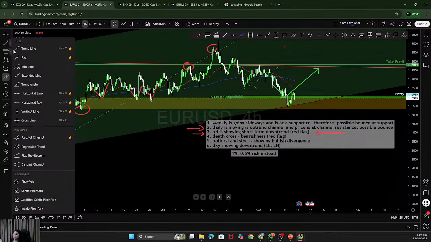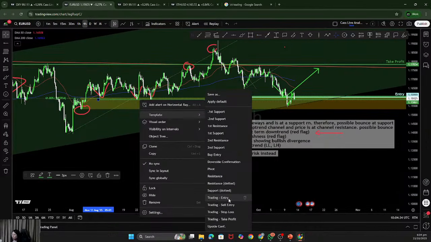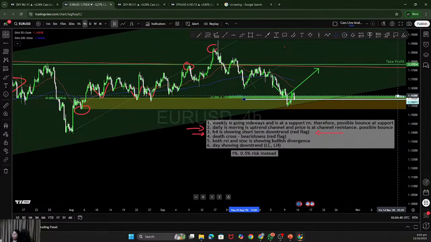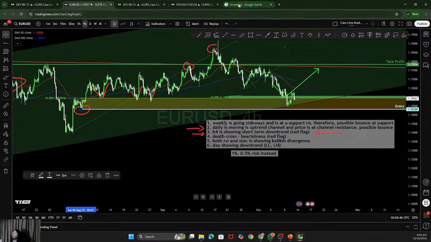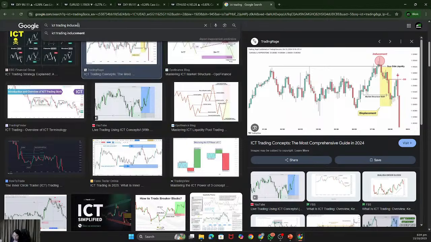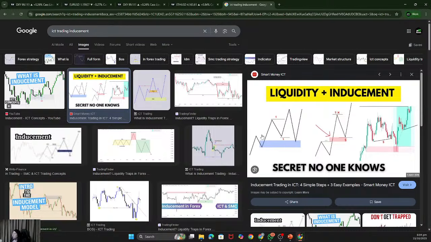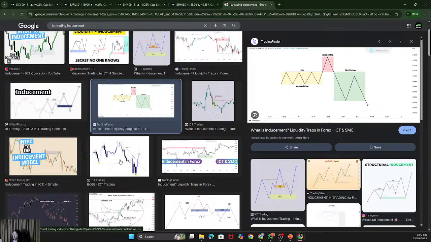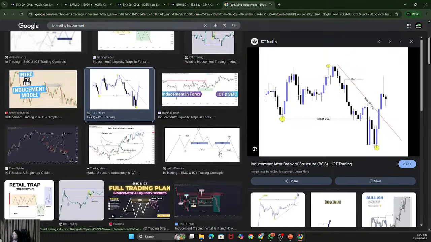So instead of the entry being here, which they know a lot of people are going to put their entry, they know that you're going to put your entry there. Why? Because you guys are retail traders and you all think the same. What the ICT or the smart money is going to do is put their entry here instead. I think it's called an inducement. There you go, an inducement. So instead of putting your entry here in this yellow box, you put it lower, where it's not a trick.